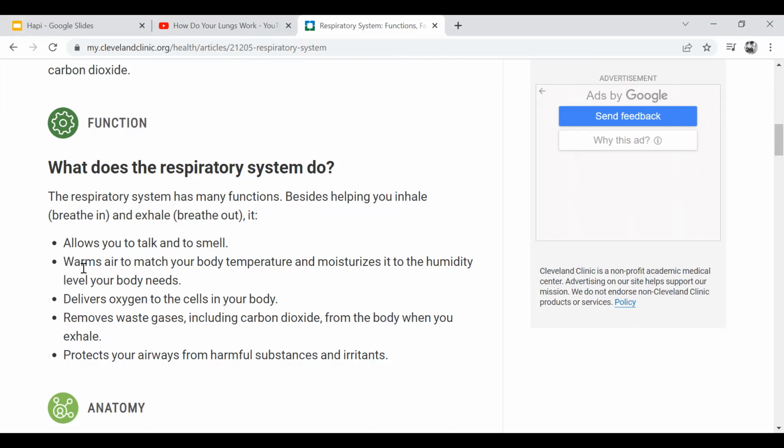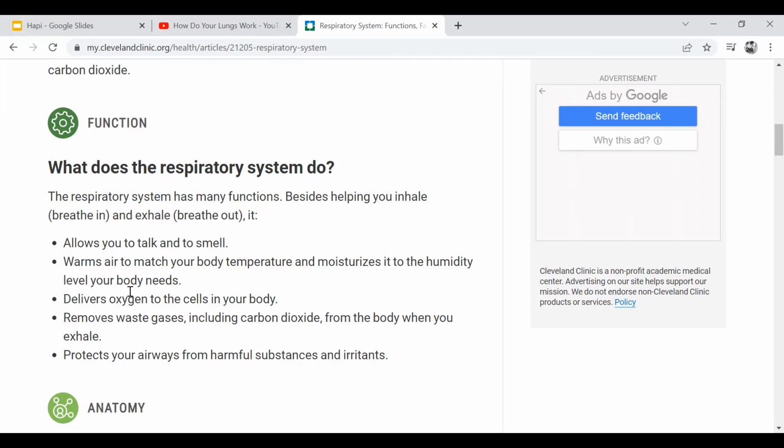It also warms air to match your body temperature and moisturizes it to the humidity level your body needs. So in other words, when you're breathing in cold air, whatever your body temperature is, the respiratory system warms the air to match your body so that you would function correctly, because your body, your anatomy, is a very fragile thing.